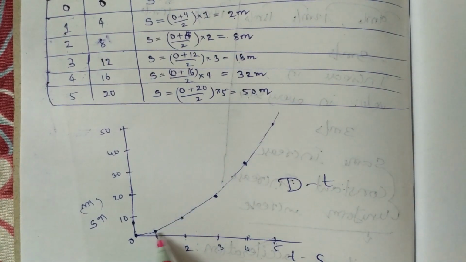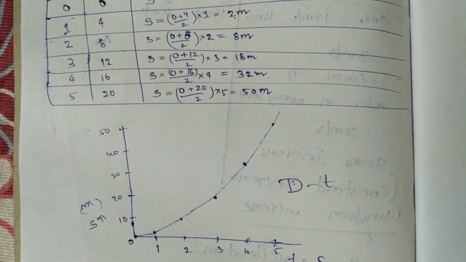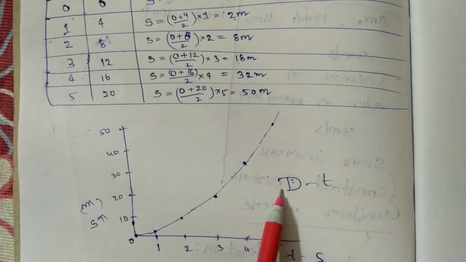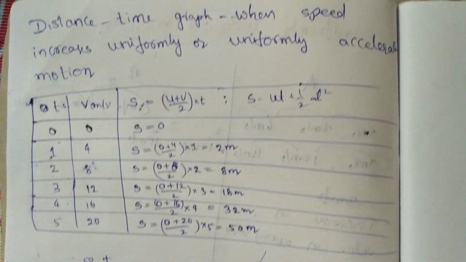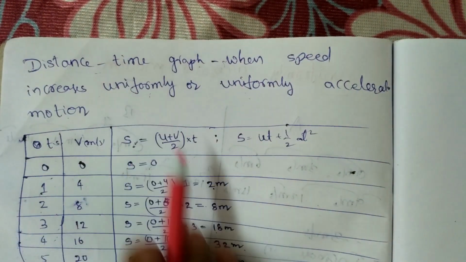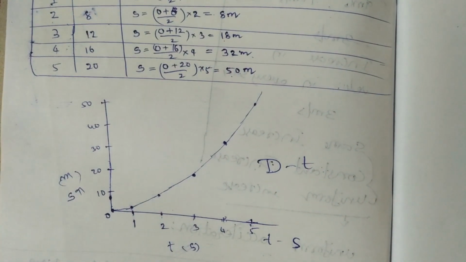If you join them, you will get a graph like this, which is called a parabola. It is a parabolic graph, and this is the distance versus time graph when velocity or speed increases uniformly.